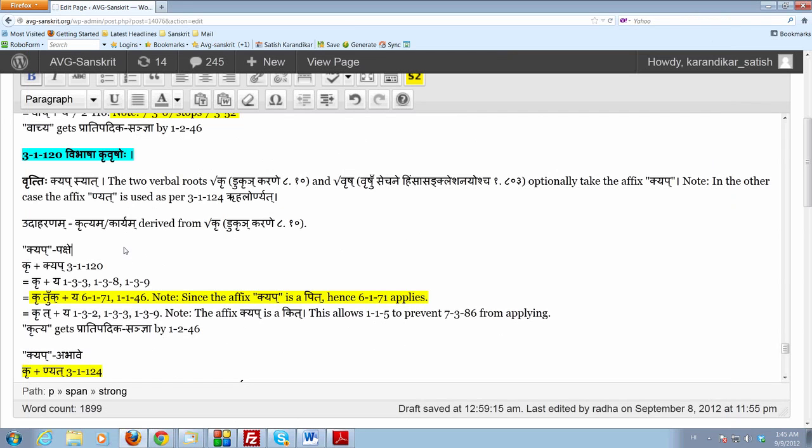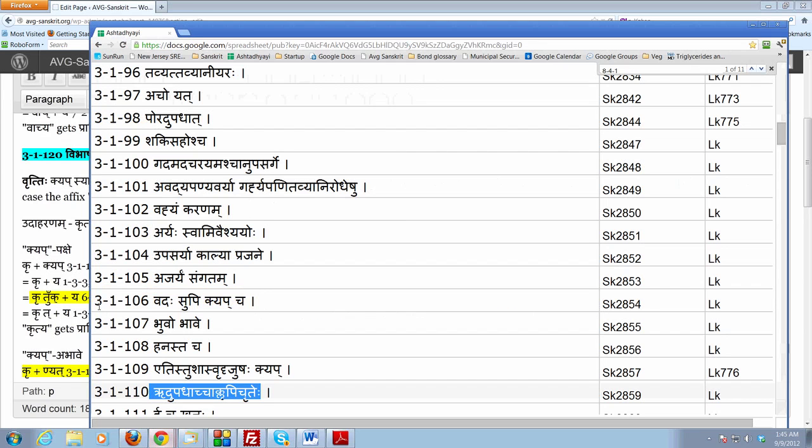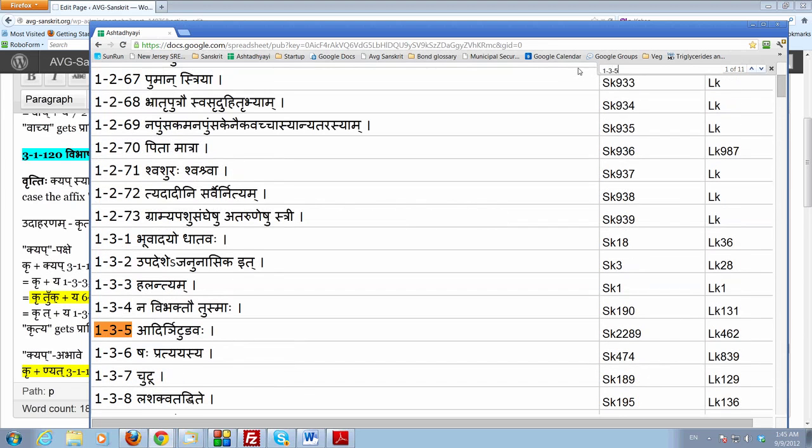So the derivation of the form is that when you take the dhatu kru, the krin karane, anubandha lope by 1.3.5, Adar Ni to Davaha. So the first thing to do is take the dhatu and remove the it letters. Here the first one to remove is Adar Ni to Davaha.